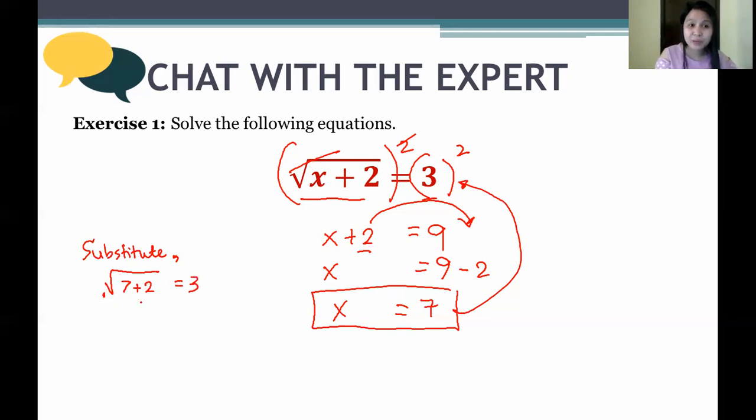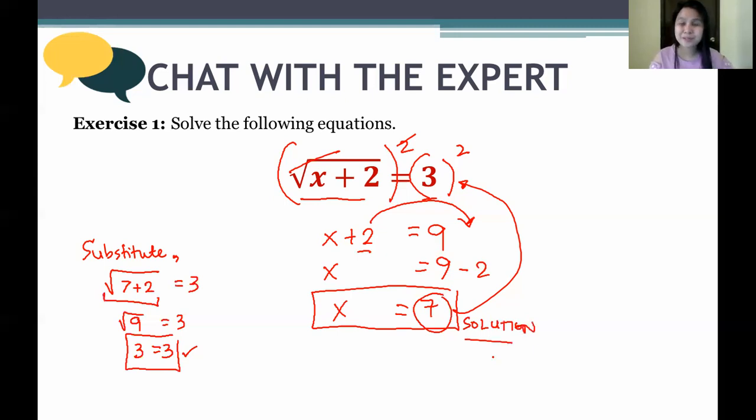We work on the left-hand side. 7 plus 2 is 9. Square root of 9, that's 3, equals 3. Therefore, it's correct. So 7 is a solution to the given problem. Any questions?